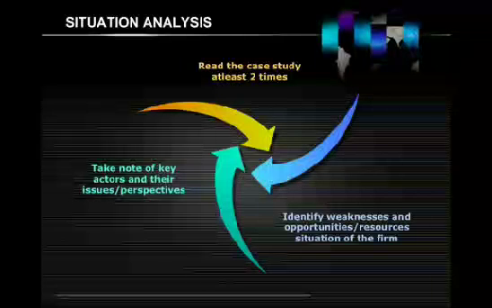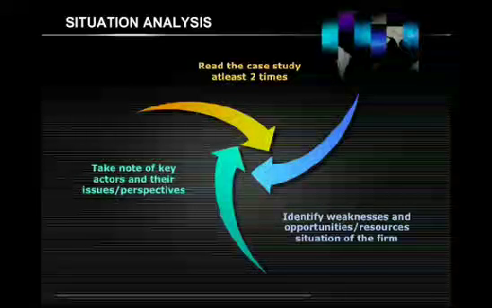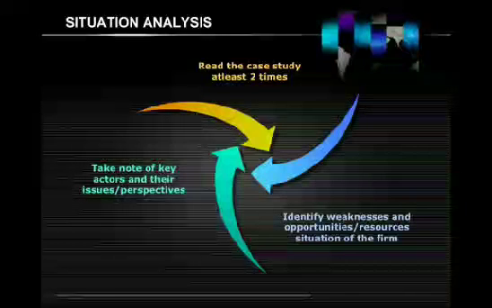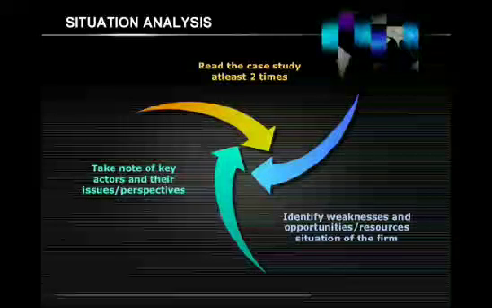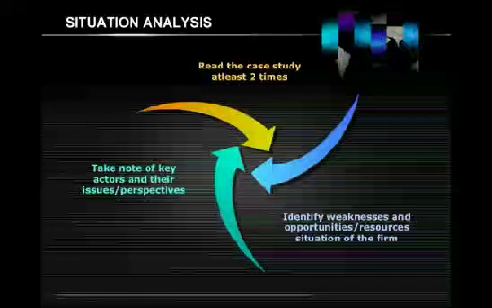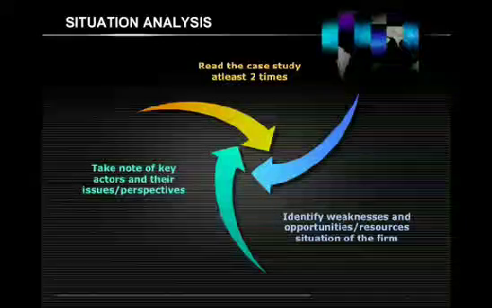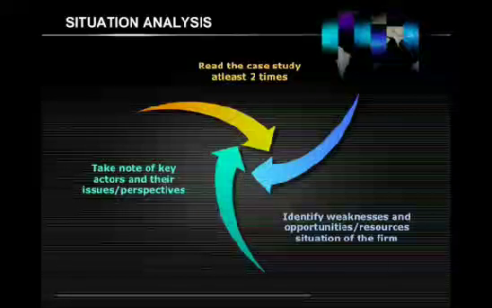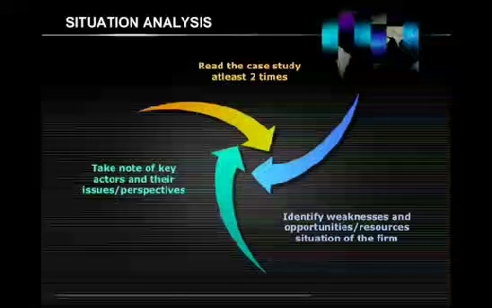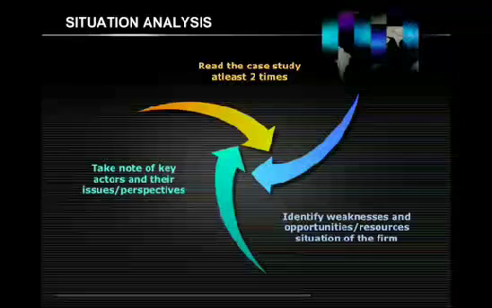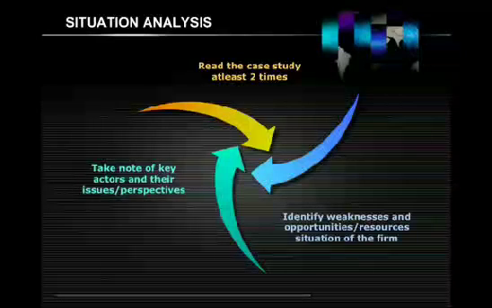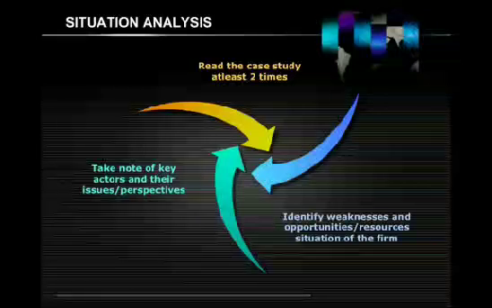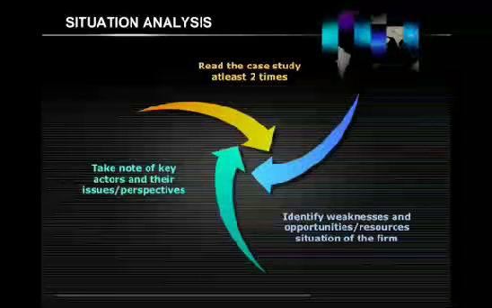Subsequently, once you're done with the basic listing of the key actors and so on and so forth, now you start with a brief analysis of the strengths, weaknesses, opportunities, and resources situation of the firm. So, in that sense, you're essentially doing a SWOT analysis of the company based on the narrative as well as the data given in the case study.